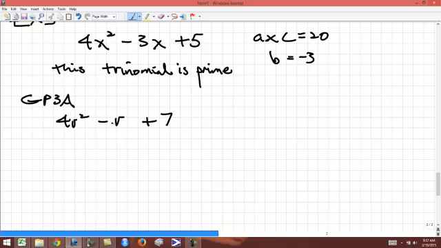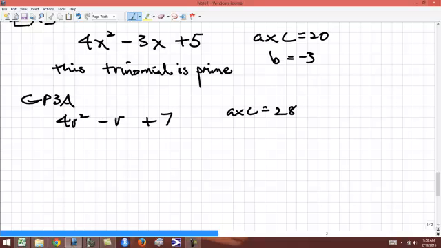Now, B is negative, so we know we're going to have to use two negative factors when we're working with A times C. A times C is 28. Well, there's no way that two negative factors of 28 are going to combine to equal negative 1.